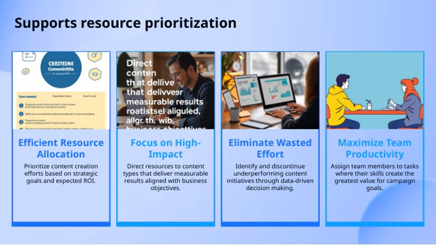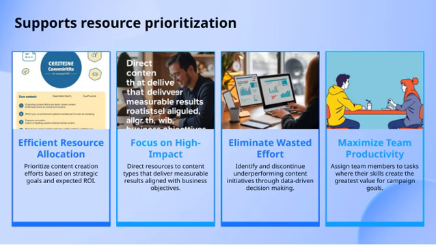At the same time, it's important to eliminate wasted effort. This involves identifying underperforming content initiatives through data-driven decision-making. When we see what's not working, we can stop wasting time and resources on those areas and instead put our energy where it counts. Finally, maximizing team productivity is essential.